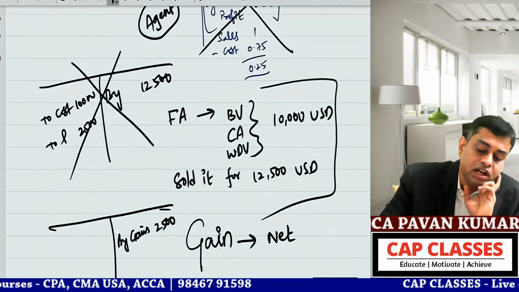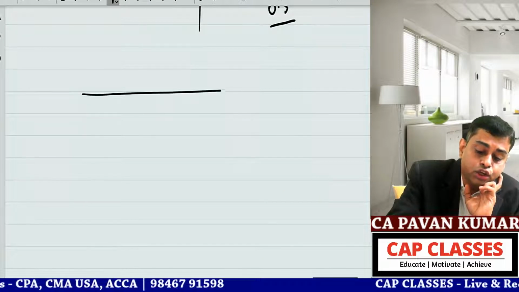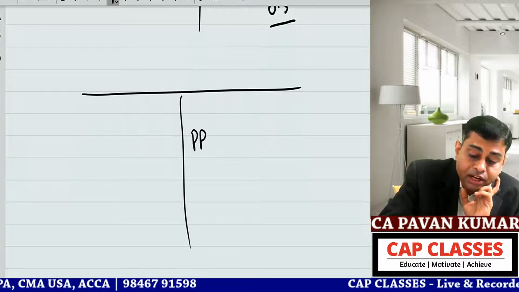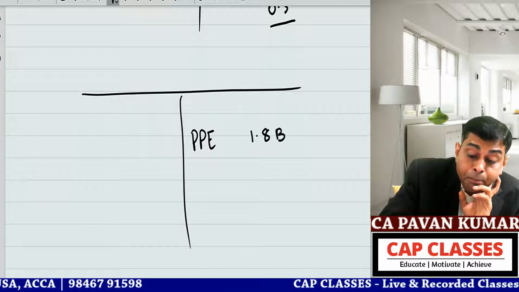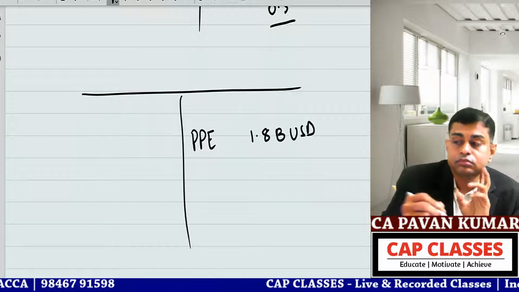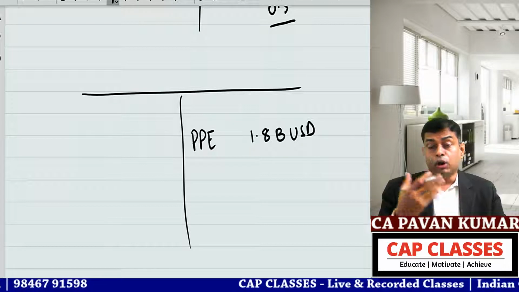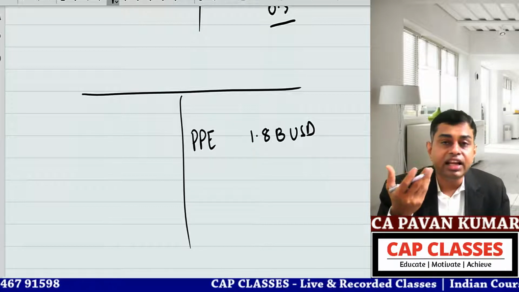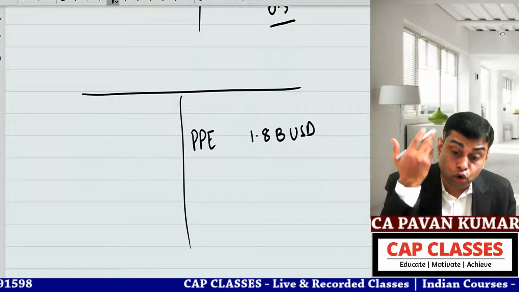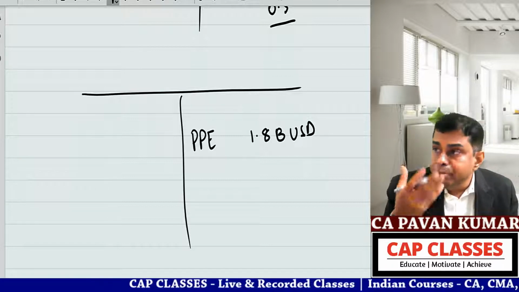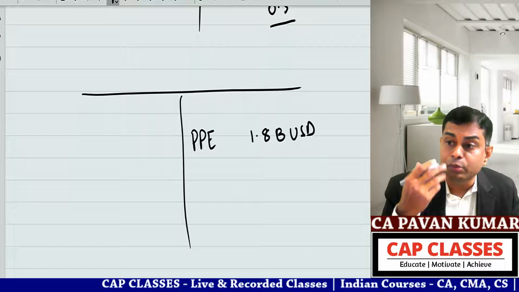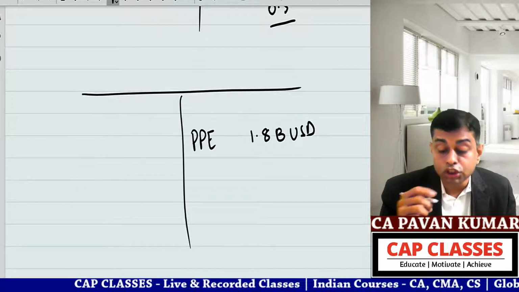For example, in your balance sheet, you have used one item, property, plant and equipment, 1.8 billion US dollars. That means in Indian currency some 14,000 to 15,000 crore rupees of properties. In this, how many buildings, factories and vehicles are there? You have to give the breakup.